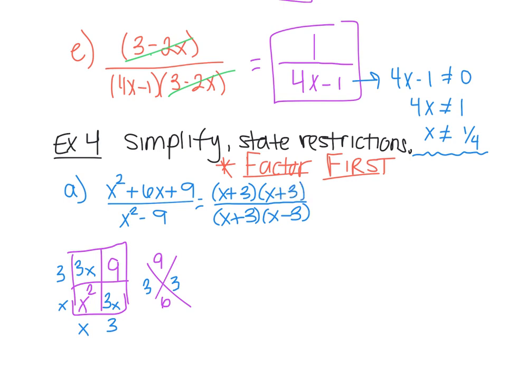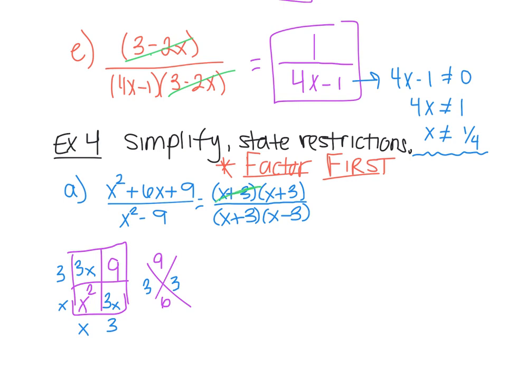So the reason why we factor is that now, instead of adding terms, I've factored it, meaning I have this times this divided by x plus 3 times x minus 3. That's why now we can do those cancellations, because I've got a product instead of adding and subtracting things.